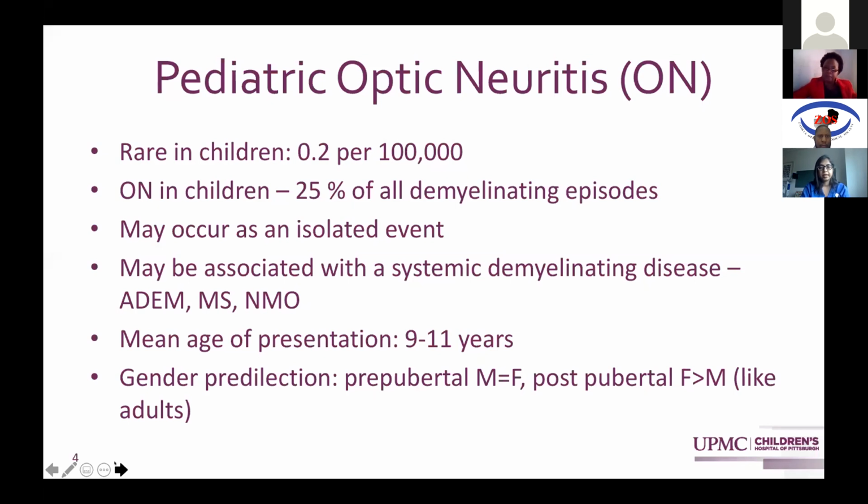Like I said, it may be isolated, it may be associated with other demyelinating diseases such as ADEM, which is acute disseminated encephalomyelitis, multiple sclerosis, or NMO. Mean age is 9 to 11 years. In prepubertal children, it's the same in males and females, and post-pubertal, there's a slight female preponderance.